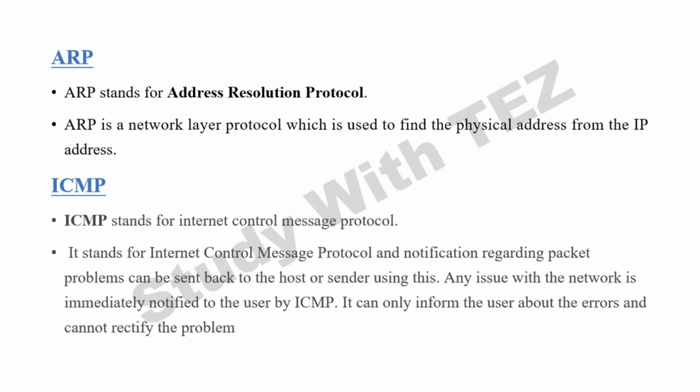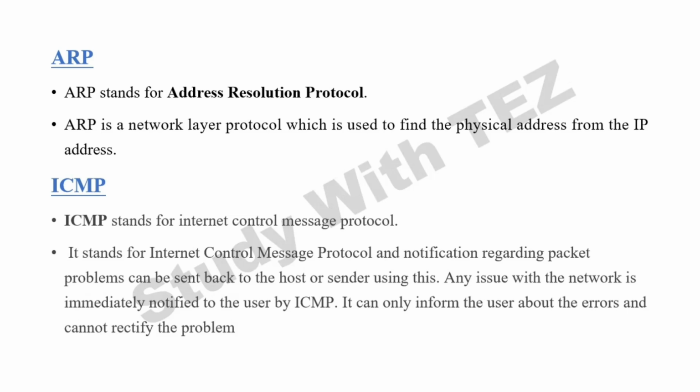There are a few protocols that help IP to perform better, to deliver and to help in the routing process. There are protocols like ICMP, IGMP, DHCP, ARP, etc. So let's learn everything in detail.